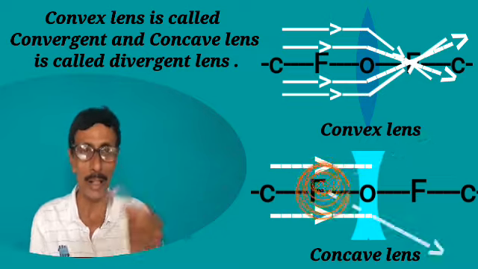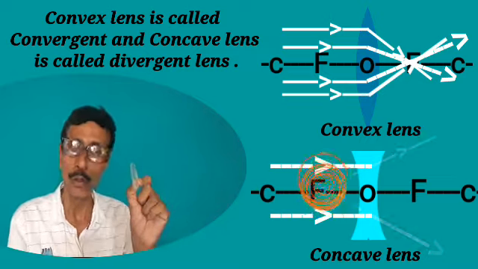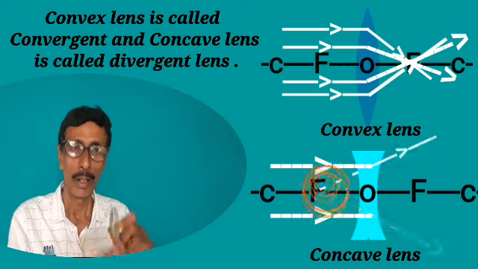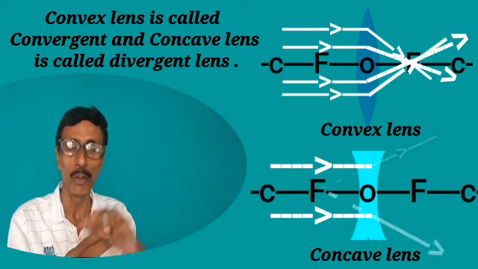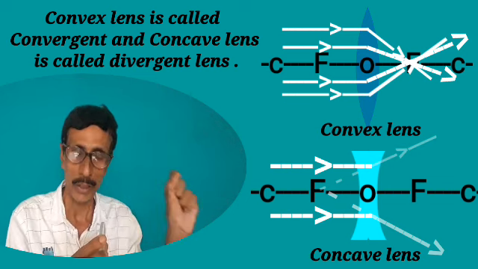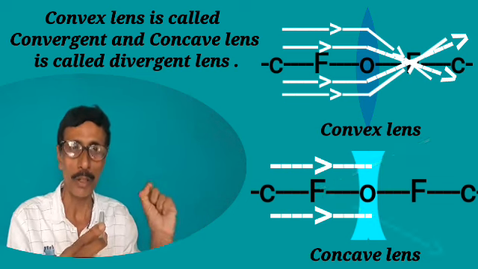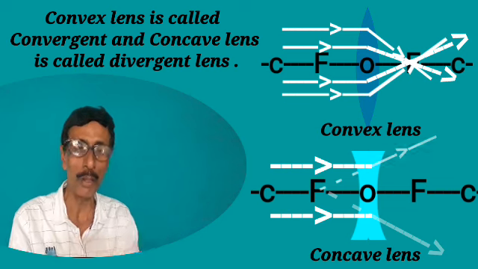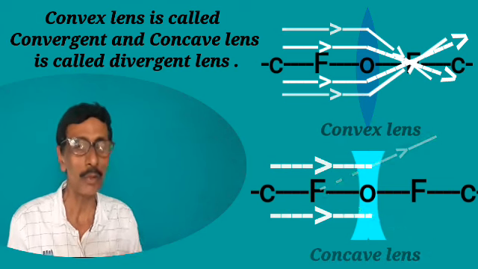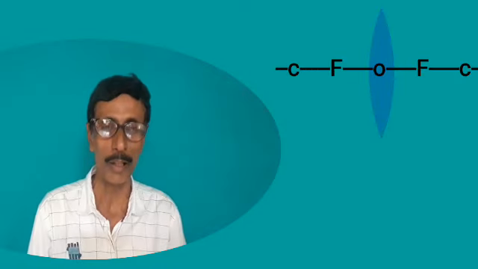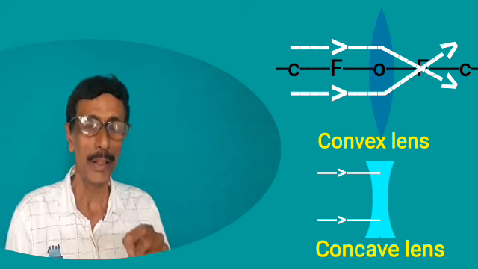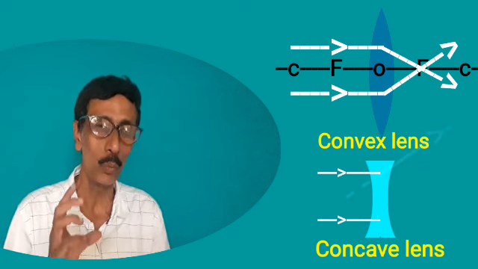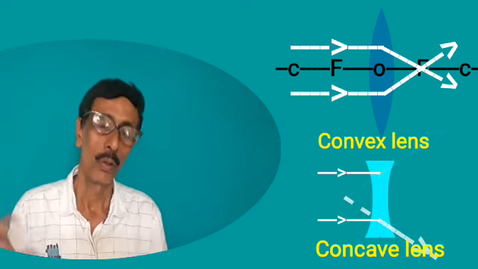It seems that the refracted divergent rays come from this point. In summary, the convex lens is convergent because it converges the parallel rays on refraction, whereas the concave lens is divergent because it diverges the parallel rays on refraction.